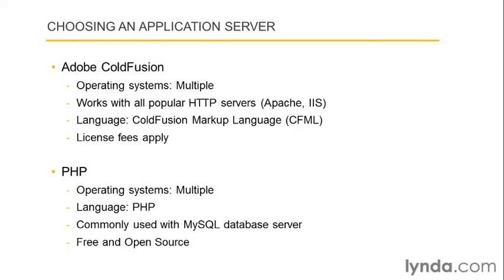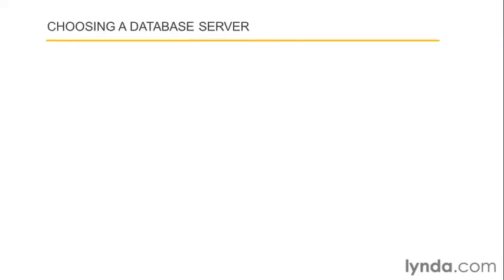PHP works on multiple operating systems just like ColdFusion. It has its own programming language, also called PHP. It's commonly paired with the MySQL database server, and it's completely free and open source. In this video series, I'll be working with PHP exclusively, although Dreamweaver CS5 does have very strong support for Adobe ColdFusion.